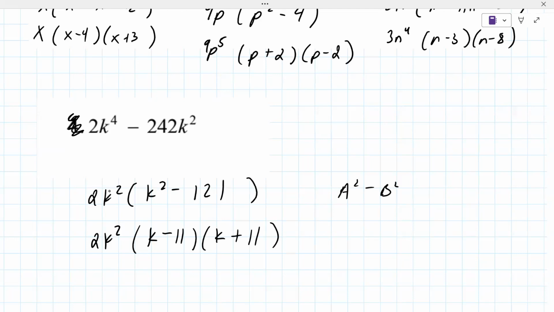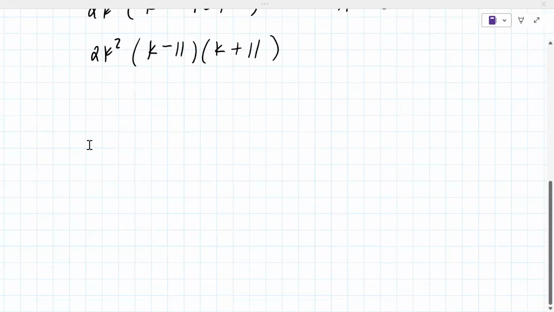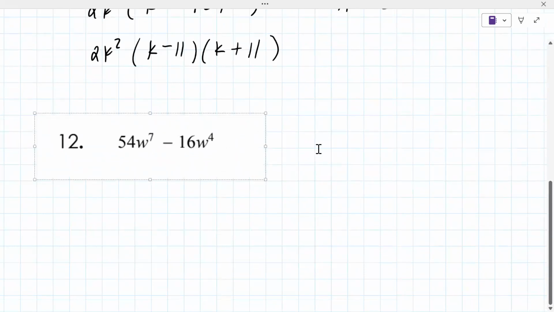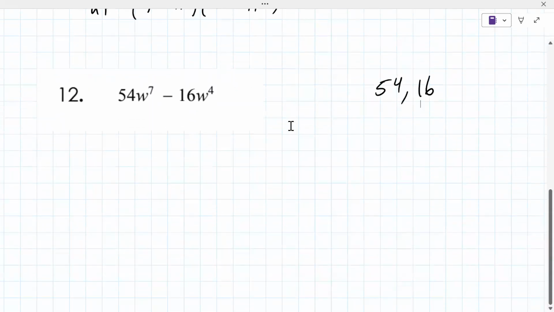The next one I have a question about. Sorry, you have to figure out the number that goes into 54 and 16 on this one.